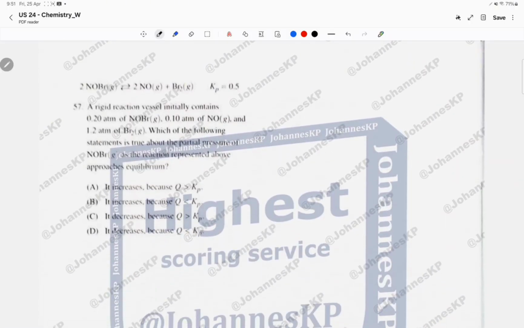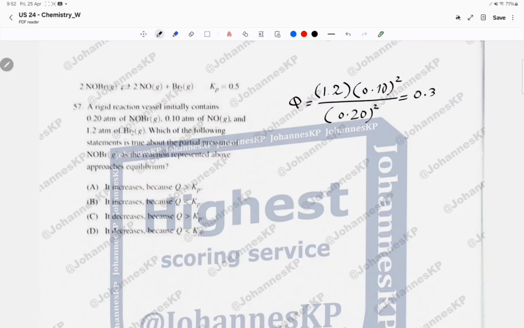7. Okay, we have the Kp. Right. So now we should find the Q, which is going to be products over the reactants. So Br2 is 1.2 and NO is 0.10 squared, NOBr 0.20 squared.